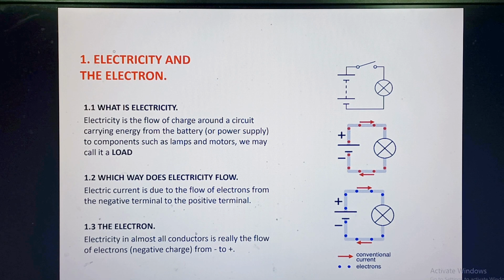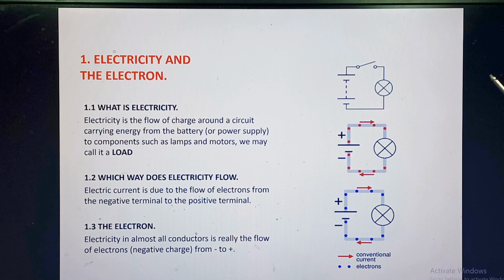We may call it a load. We can also say a load is an output device that consumes electric energy from an electric circuit. Electricity can flow only if there is a complete path from the battery or power source through wires to components and back to the battery again.